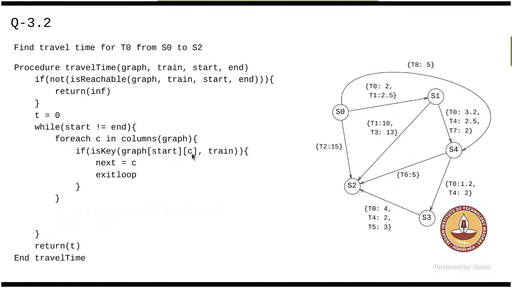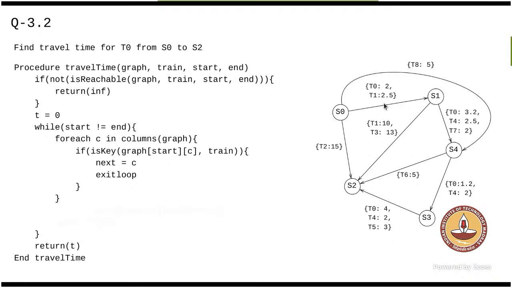So is train a key in this graph, in this edge? That is what it means, right? Start represents S0, C is the station S1. So S0 to S1, is T0 present in that path?